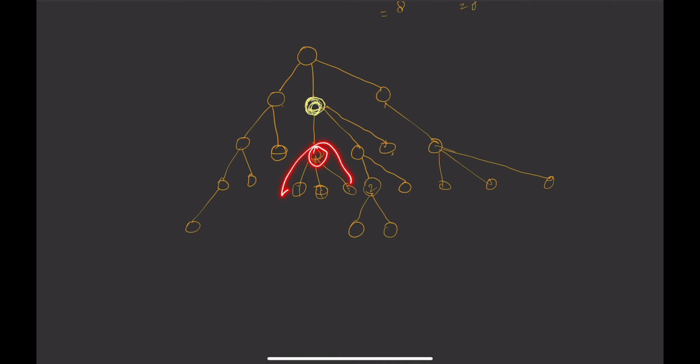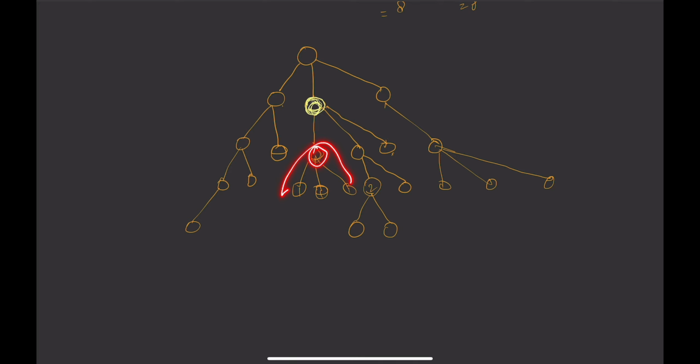So let's see. So it is 2. So for this node this distance is 2. Let me write here, this distance is also 2, this distance is also 2. Let's suppose this was not here, so I had one more node, so this distance was 3.